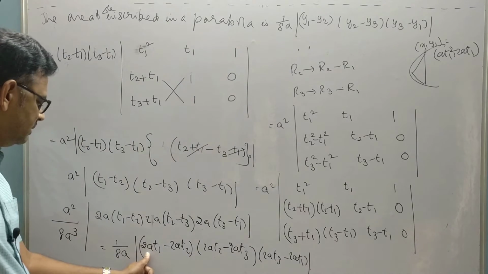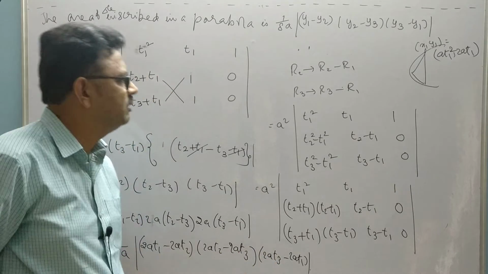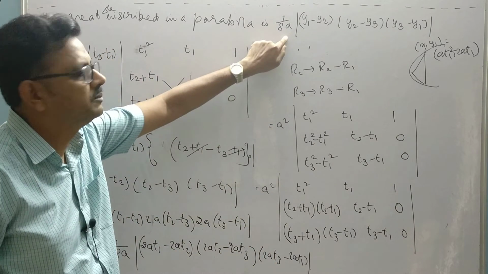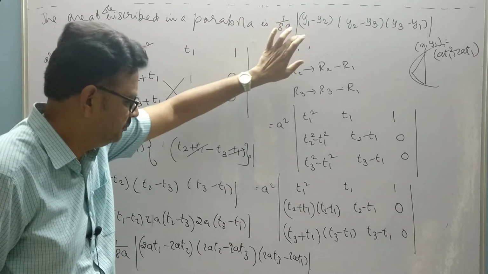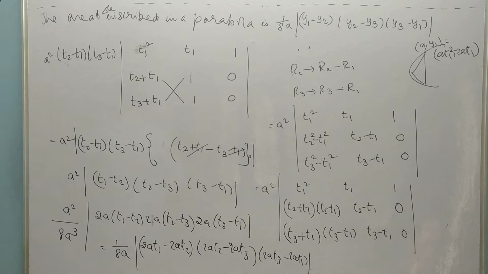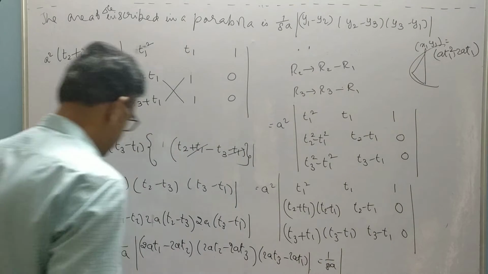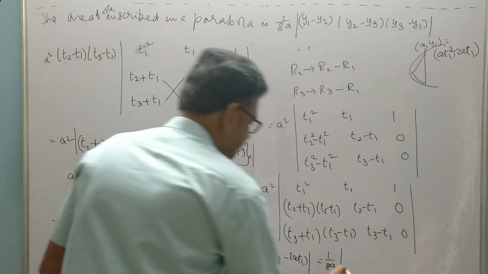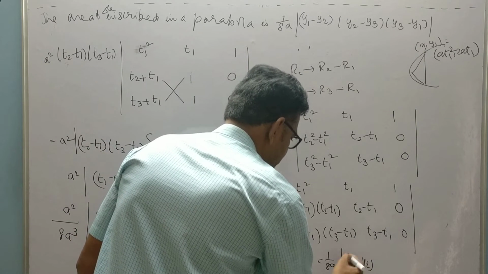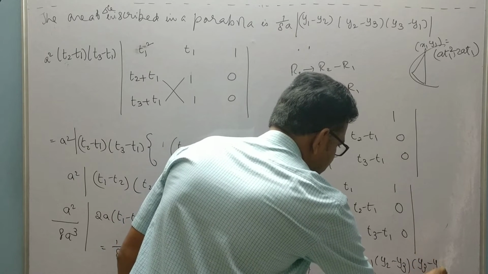Therefore this is y1 and this is y2. y1 minus y2, y2 minus y3, y3 minus y1. So this is the required area of the triangle inscribed in the parabola. Okay, write down. That is equal to 1 by 8a into y1 minus y2 into y2 minus y3 into y3 minus y1.